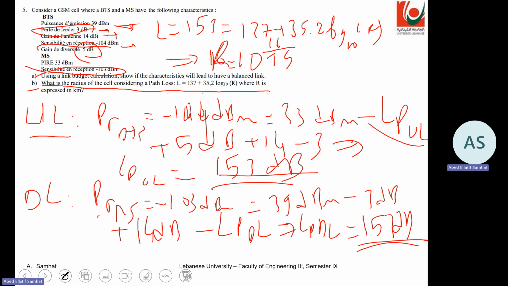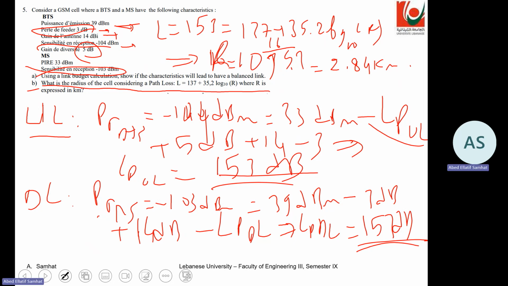In this case, we can find that it's equal to 2.84 kilometers. I just want to verify: 16 over 35.2, and I want to calculate 10 to the power of this number.